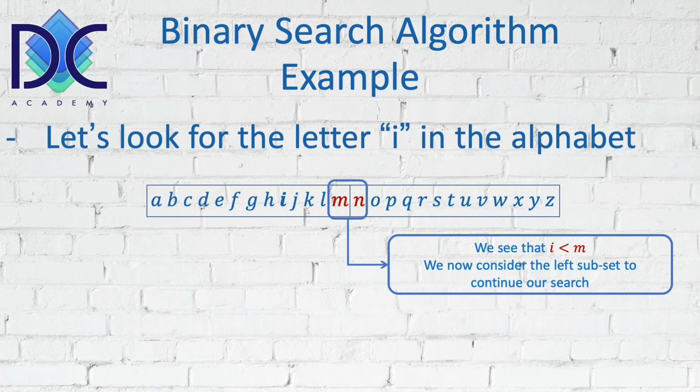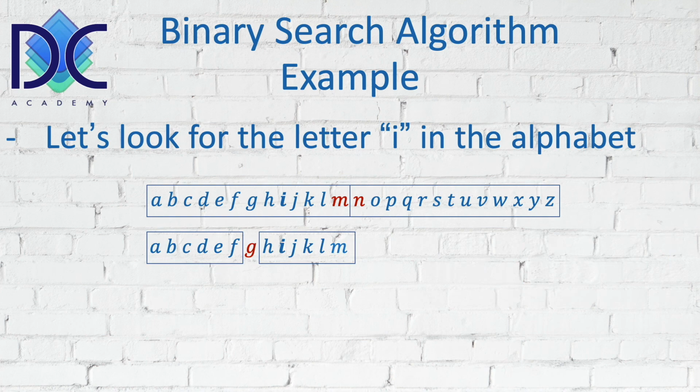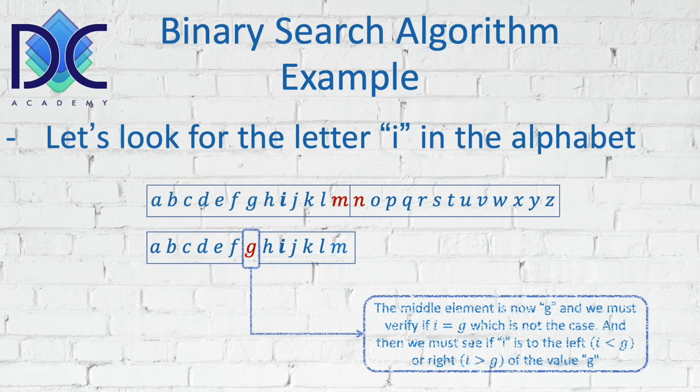Now we see that the letter I is smaller than M. So we consider the left subset to continue our search. That left subset, I included M here, but it's not really necessary, is in fact A, B, C, D, E, F, G, H, I, J, K, L, and M. And G is the new middle.